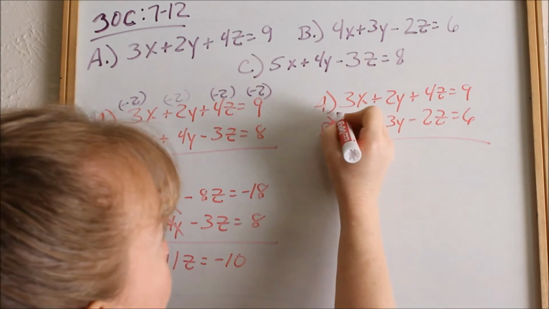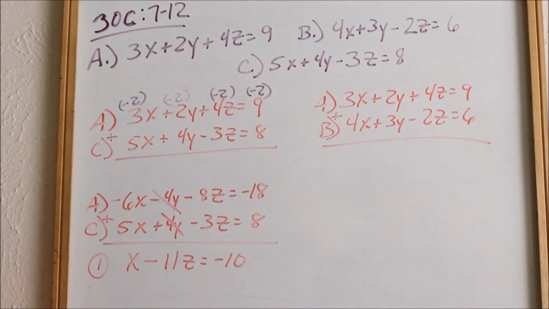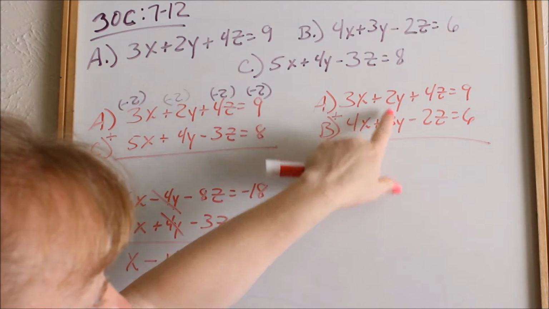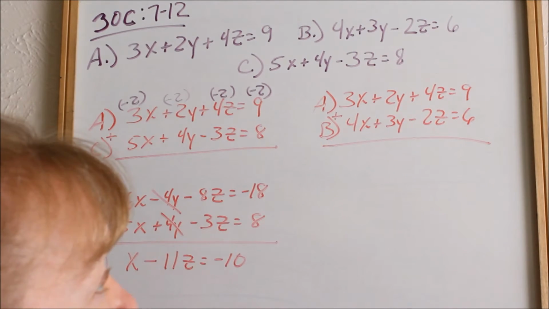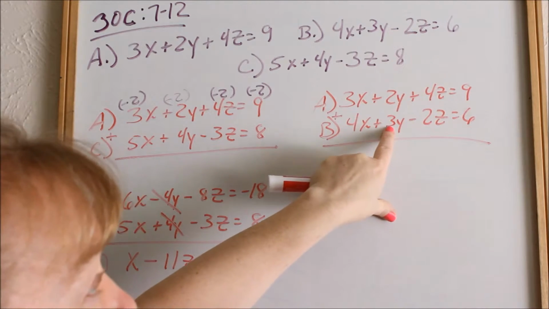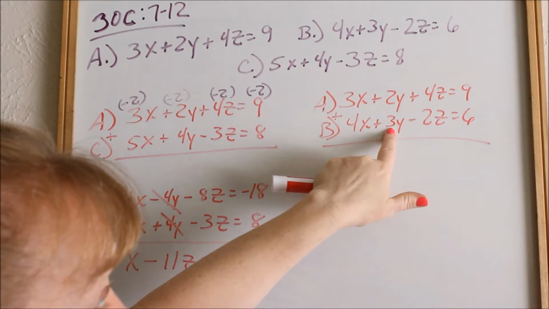Well, there's nothing I can multiply 2 by to get 3 and vice versa. So I look at how I can turn them both into a 6.